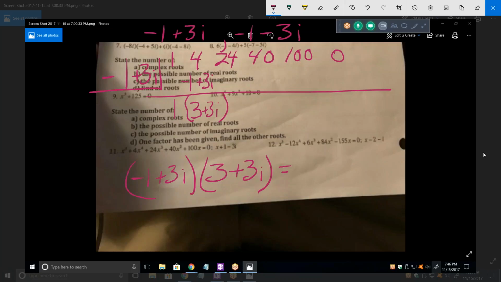So you get -3 and then -3i. And then plus 9i. You need the plus sign, because we're part of a polynomial. Yeah. Plus 9i squared. Okay. Simplify. So -3 plus 6i minus 9.